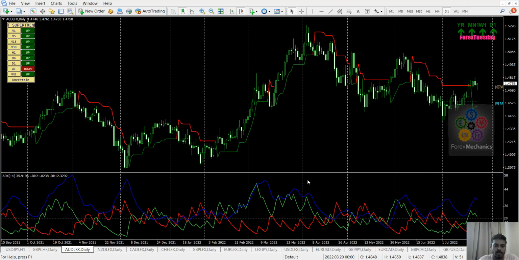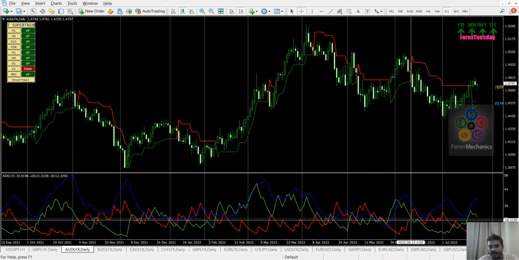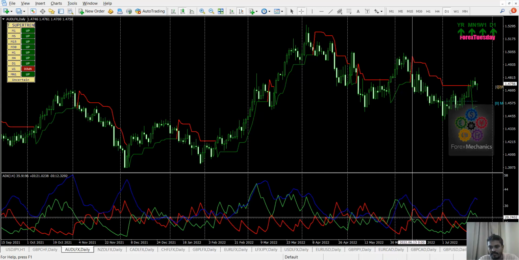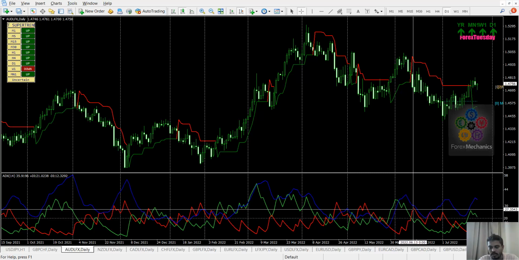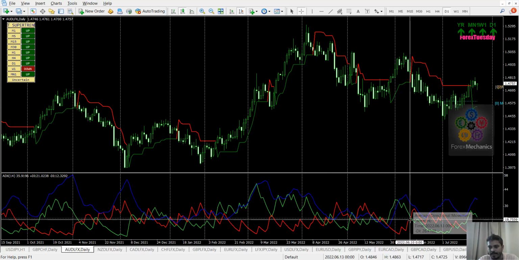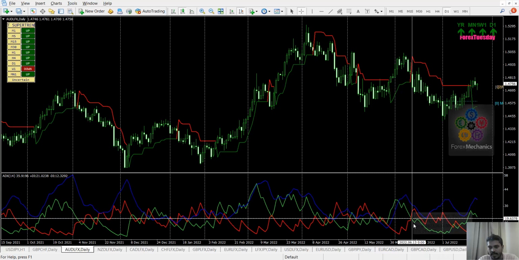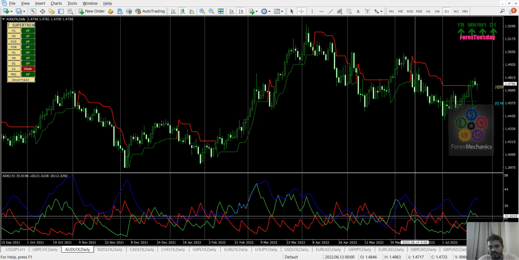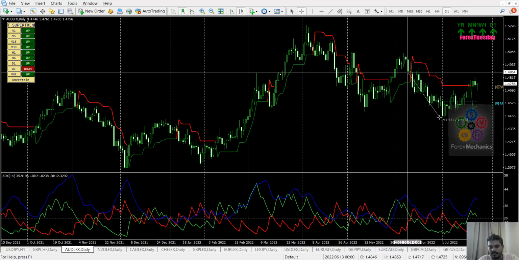Typically, traders look at whenever the green line and the red line intersect each other. Here you can see that the red line is intersecting the green line. The negative DI line, I simply call it the sellers' line, intersected the buyers' line. It tells you that the sellers are in control, and you can see that the price is falling.